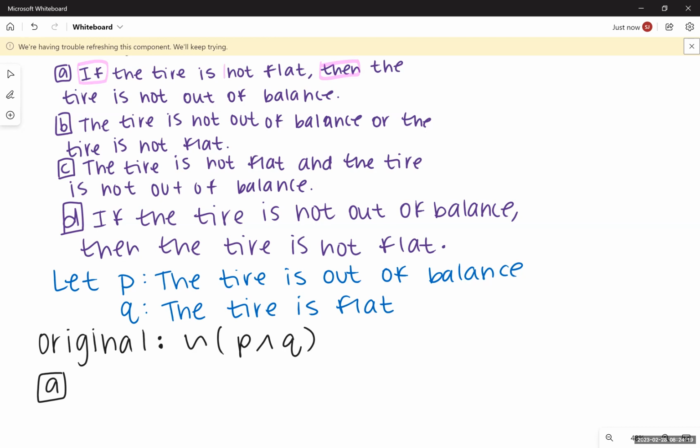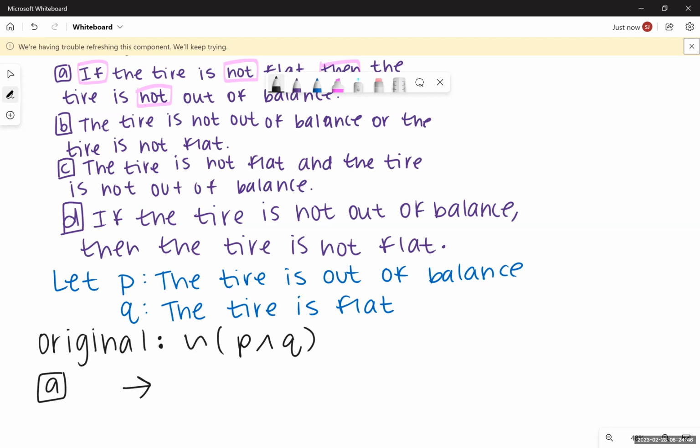And then I see right here, not flat and not out of balance. Those are my keywords. Okay, I have if, then, which is an arrow, not flat, not out of balance. Not flat is the first one. Okay, so because I see the if, then, that was the conditional that we learned about the other day.